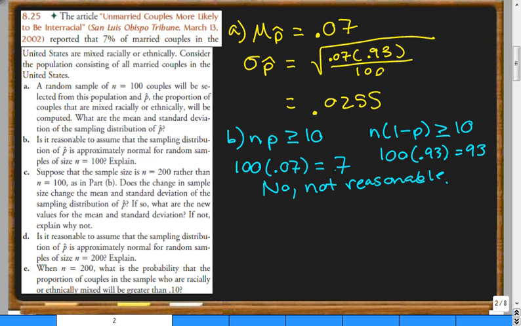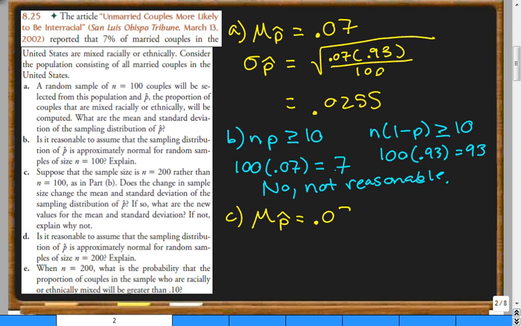So C says, suppose that the sample size is 200 rather than n equals 100. Does this change the mean or the standard deviation? If so, what are the new values? So the mean does not change.